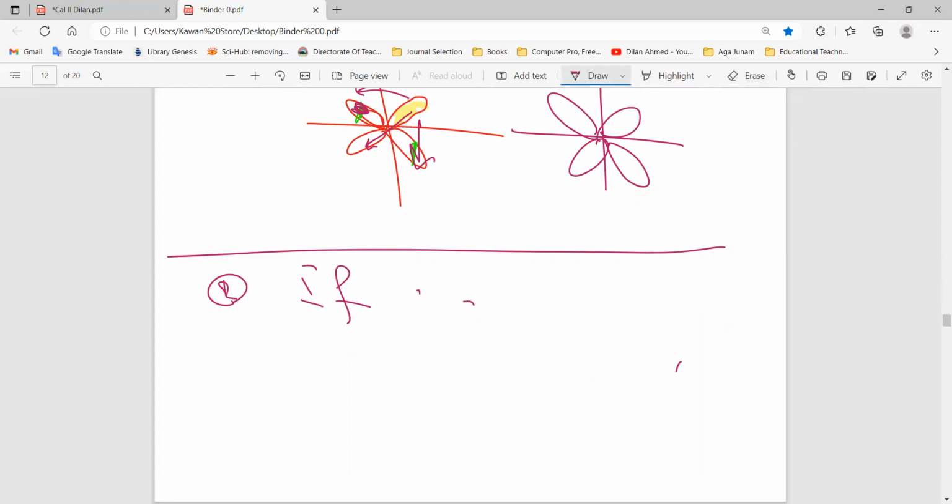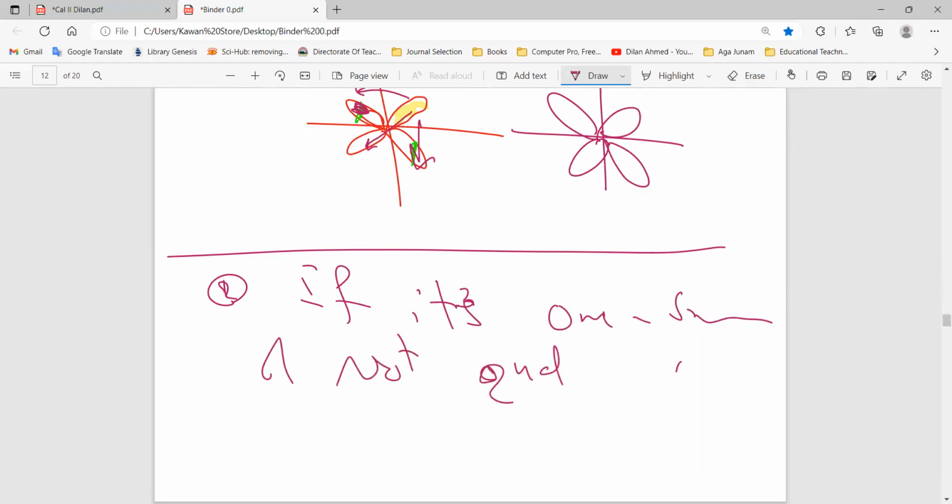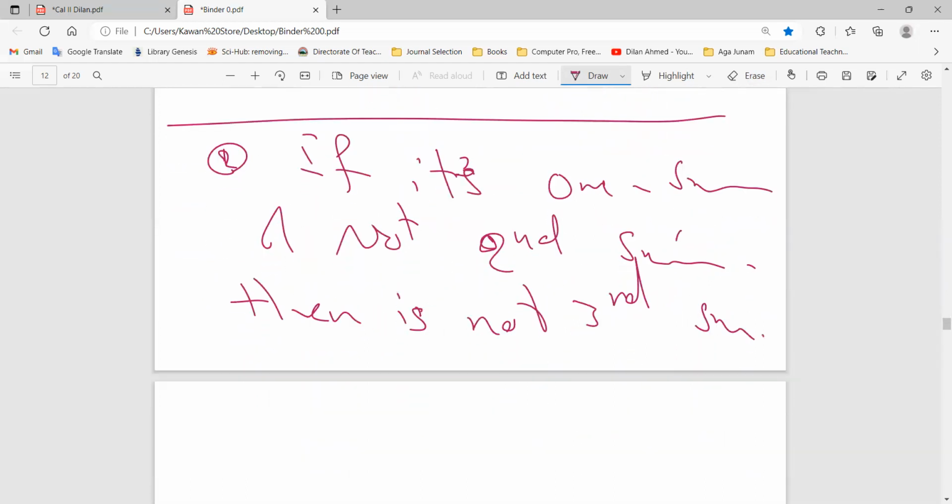If it's one symmetry and not the second symmetry, then it is not the third symmetry. Why?